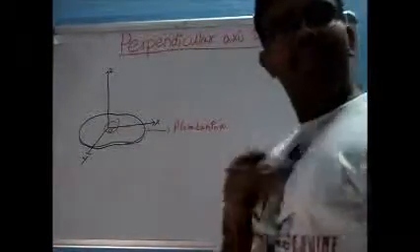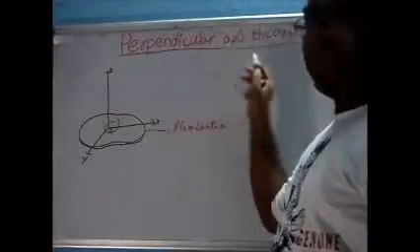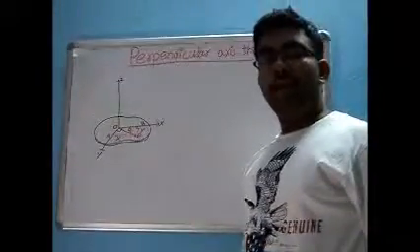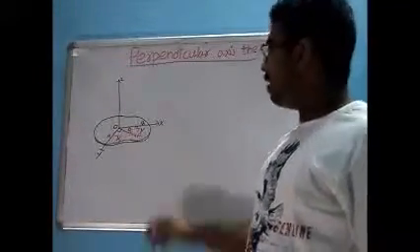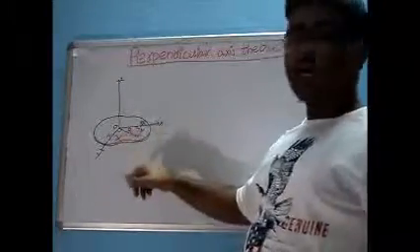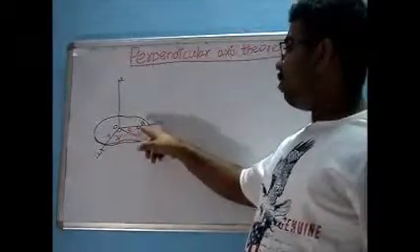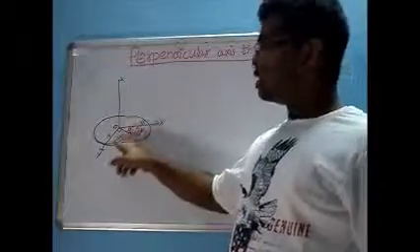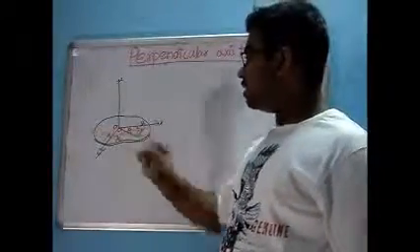So let us prove the perpendicular axis theorem. Now in the previous figure I have taken a point P which is at y distance from the x axis and x distance from the y axis.